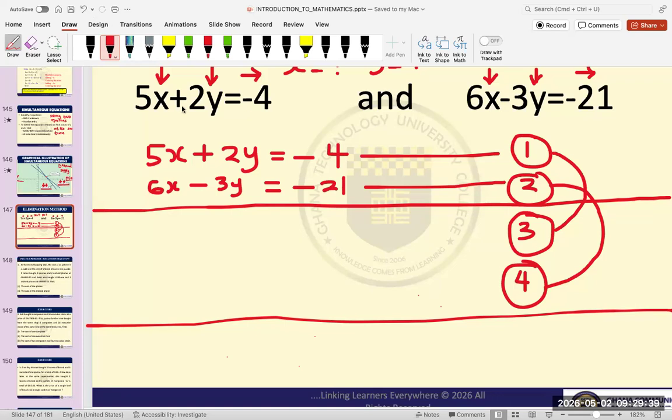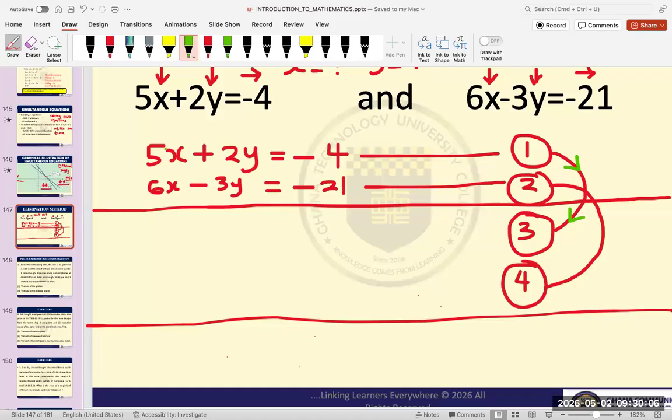The next thing is, how do we change equation 1 to become equation 3? This is what you do. You make sure that all the x's are starting.